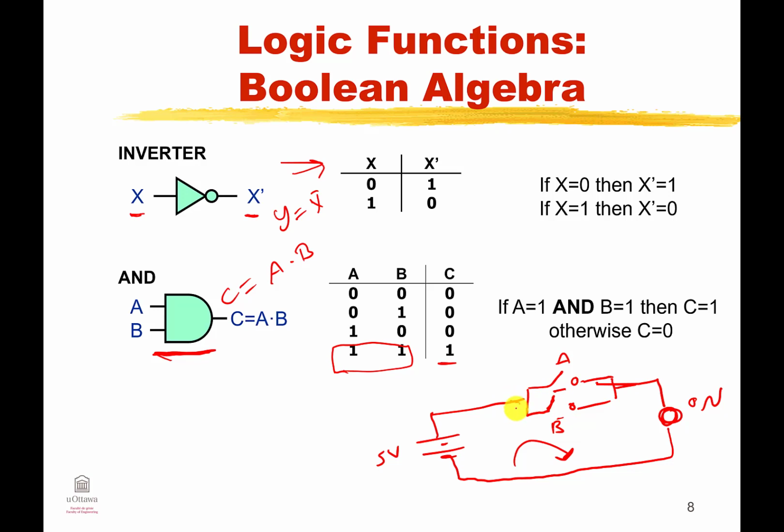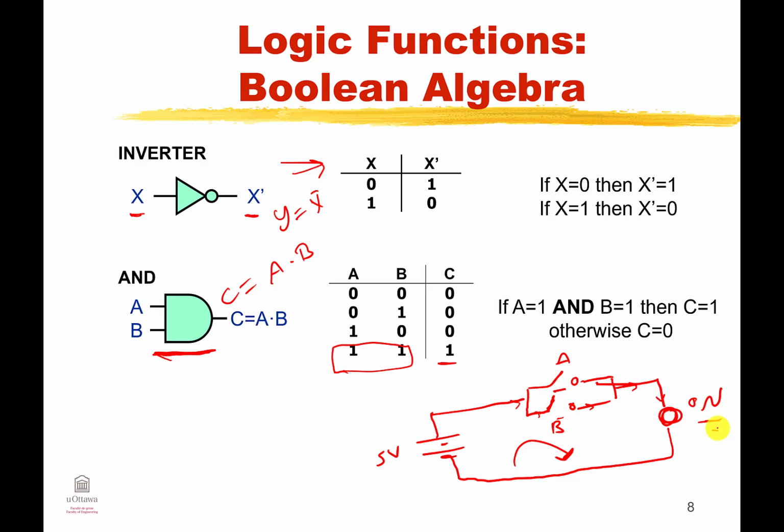The current can go this way, and this way, and this way, and then I will still have the light. So in other words, the OR is a condition, or a gate, that can be described by any or all gates.